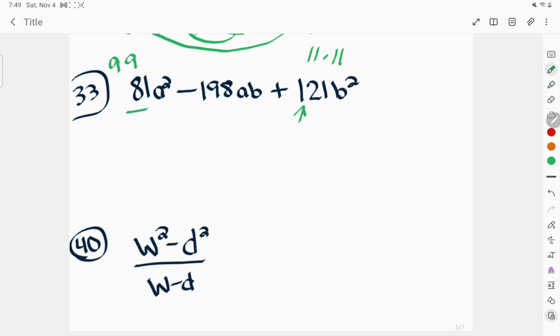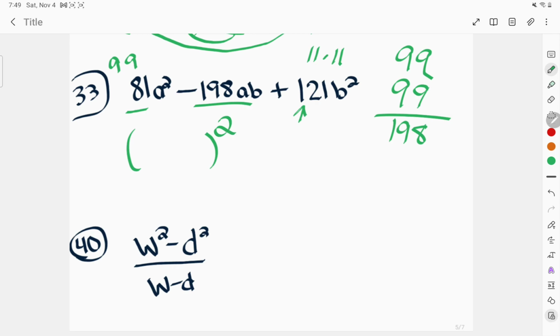Well, 9 times 11 is 99, and I would do that twice. And 99 plus 99 is 198, which is my middle number. So this one just turns into a perfect square. So I've got a negative and a positive.